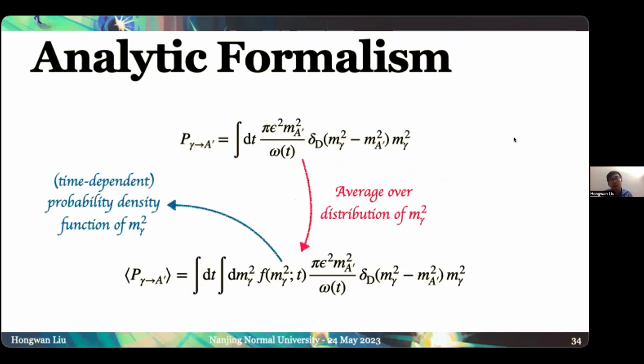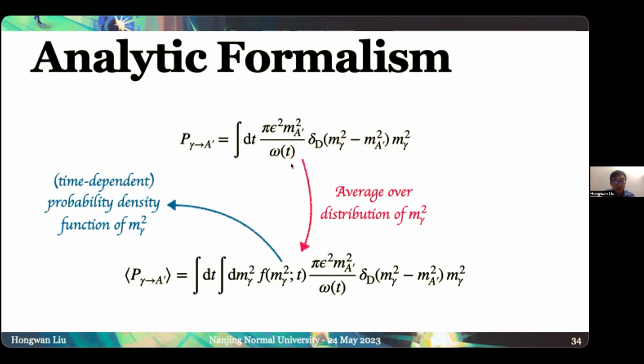Now, what you want to do is average over all possible photon paths, which means that at every point in time, if you draw a sphere around us at some distance, we want to integrate over the probability distribution function of m_gamma squared in that shell.